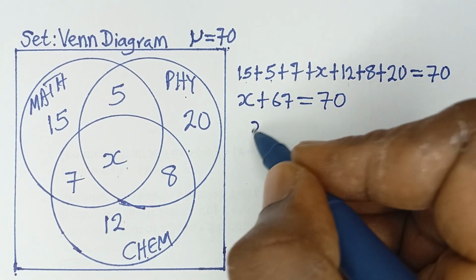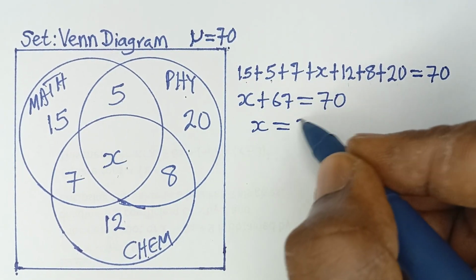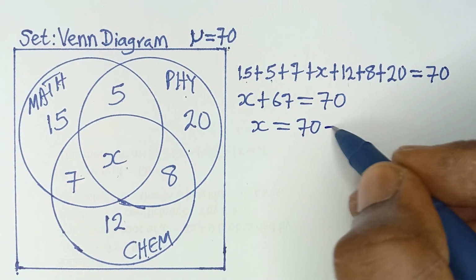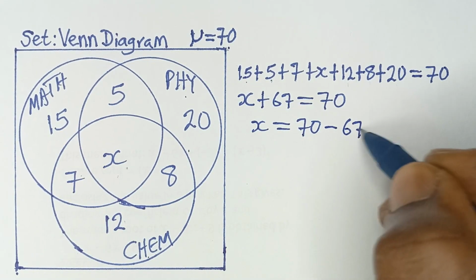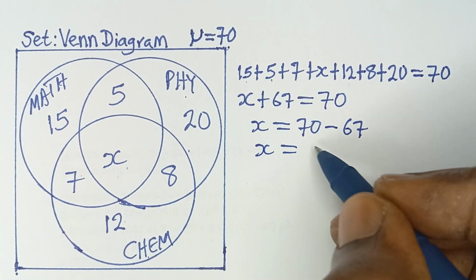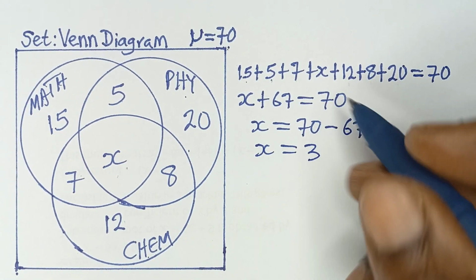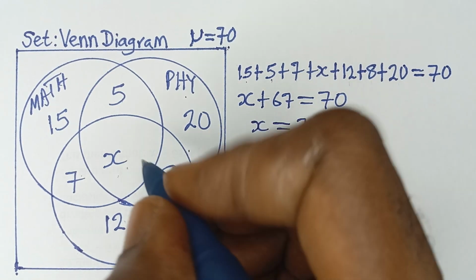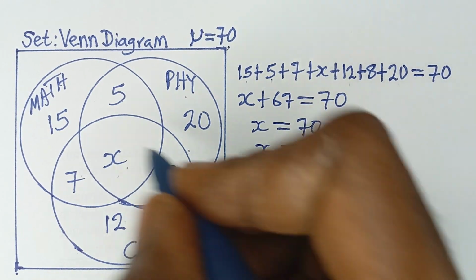From there, we obtain x equal to 70. When this positive 67 goes to that side, it becomes negative 67. So x is equal to 70 minus 67, which is 3. So the number of students that offered all three subjects is 3.